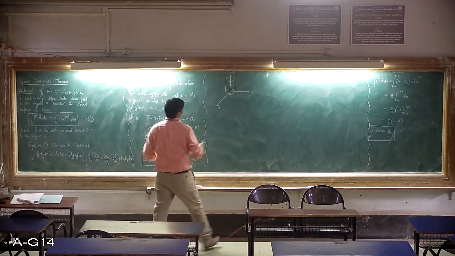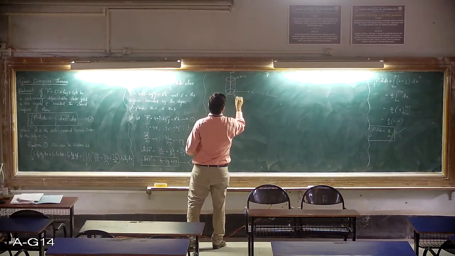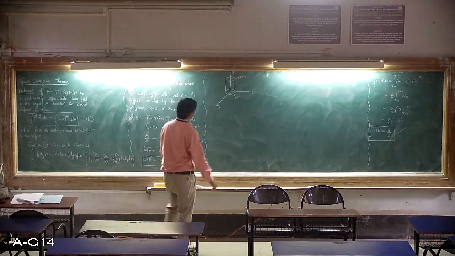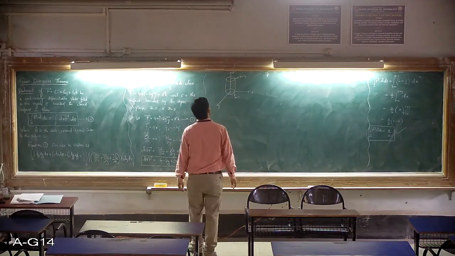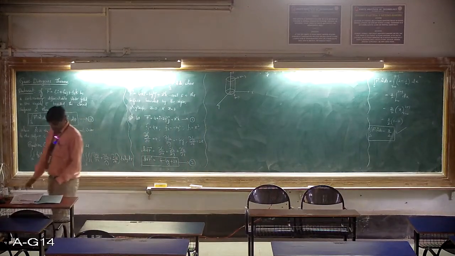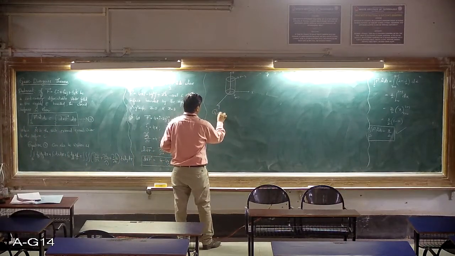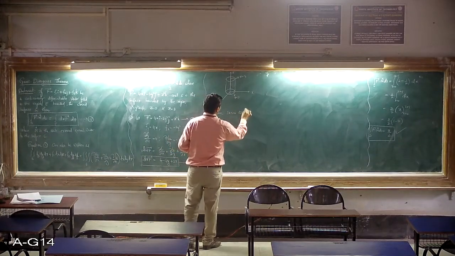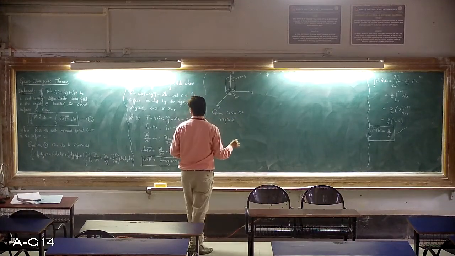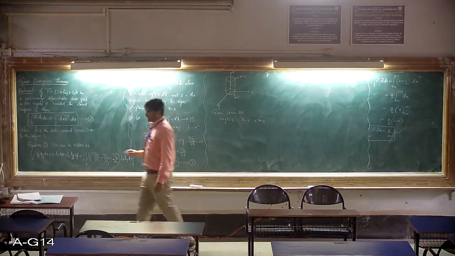So this is a cylinder, and here this is z equals 3, and here this is z equals 0. The given curves are x square plus y square equals 4, z equals 0 and z equals 3.